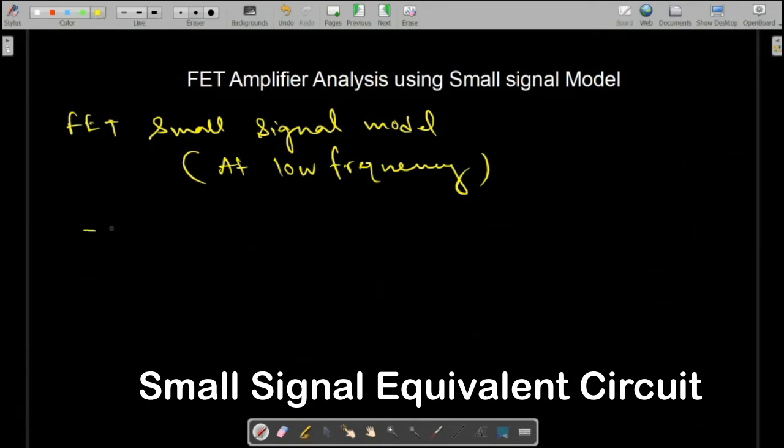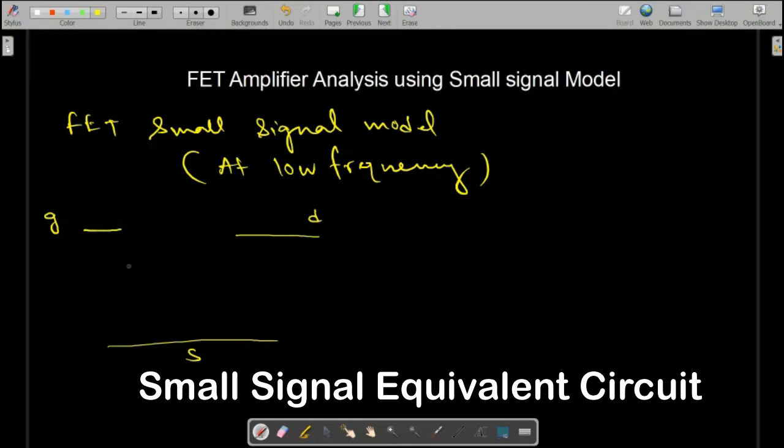First we have a 3-terminal device, draw them. This side we have the gate terminal of the FET, this side the drain terminal, and this side the source terminal. You can see it is similar to the base, emitter and collector of a BJT. In case of FET, it has very high input impedance.